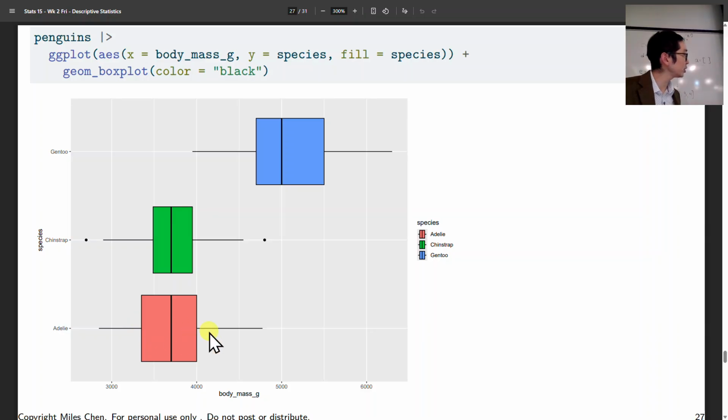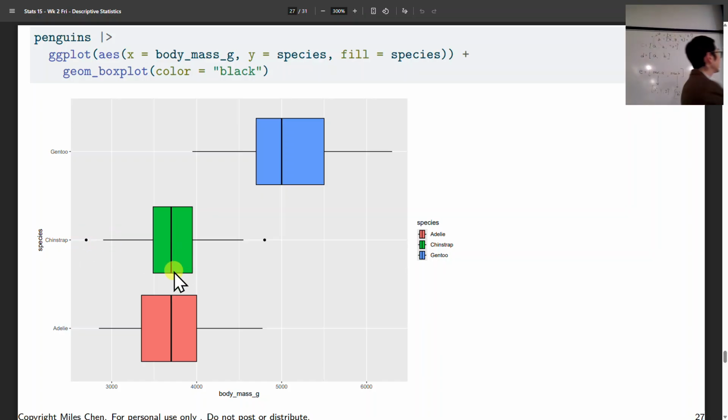Looking at Q1 and Q3, we get more spread here, and less spread there, okay? The median is this middle line, and we can see that as far as Adelie and Chinstrap, the median is right around the same, okay? We have this dot, and this dot indicates that there are outliers for the Chinstrap penguins, okay?